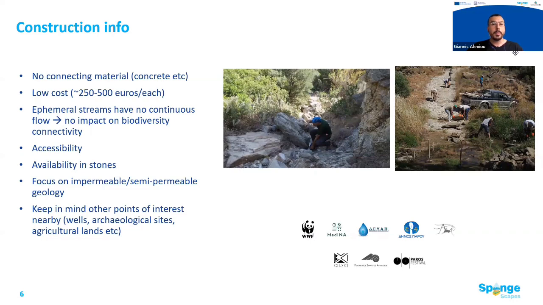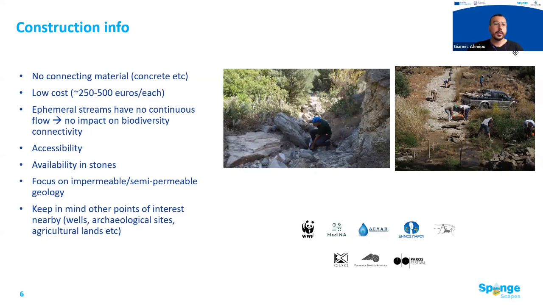Now some information about the construction phase. This was in Paros, but these are also general guidelines that anyone can use to build such check dams in other areas. First of all, we do not use any connecting material such as concrete. It's literally small piles of stones. These are really cost effective in relation to other measures.